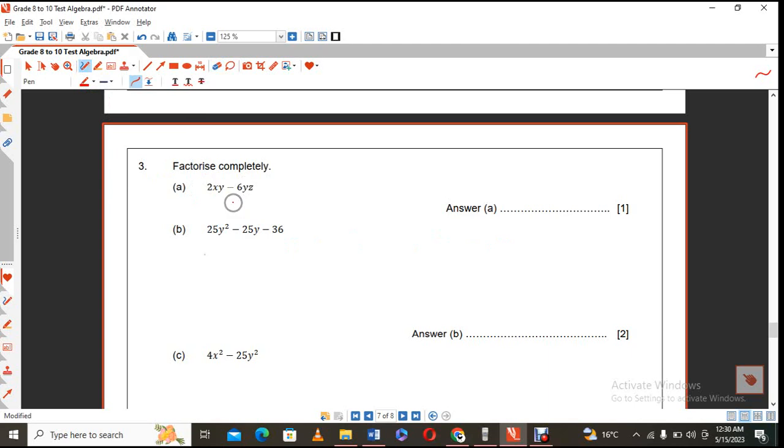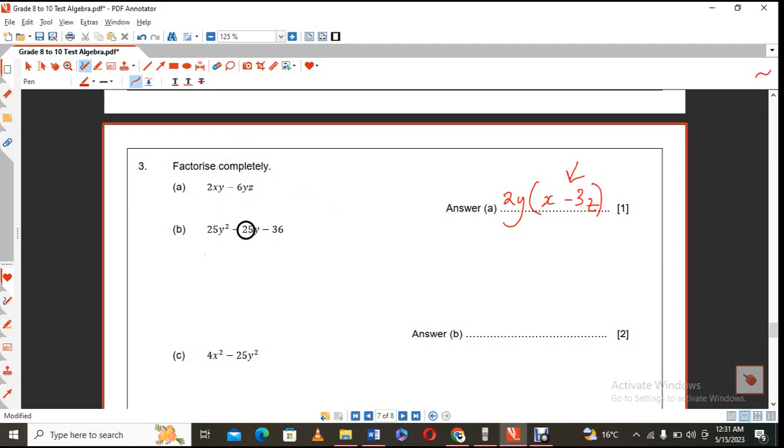In this particular case, it's just two terms, and only the 2 and y is common, and you take it outside the bracket, and you're going to be left with x minus 3z, because if you divide here by 2y and you divide here by 2y, that's what you're going to get inside the bracket. But that 2y is not something that you throw away. You're factorizing, and it needs to be outside the bracket. So basically, you are creating from two terms to one term.